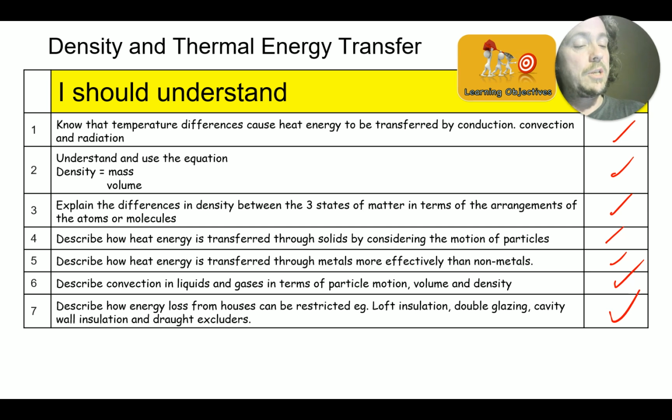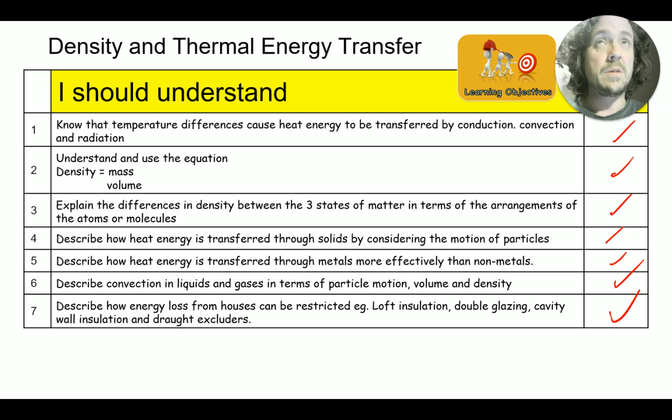We talked about the density equation, which was important for us to understand the concept of density. Density is important for our understanding of conduction and convection. We also talked about how we can determine density for regular and irregular solids. We talked about the three states of matter briefly, and the arrangements of the particles.